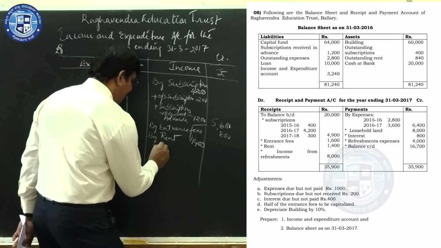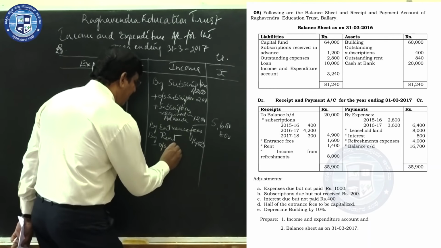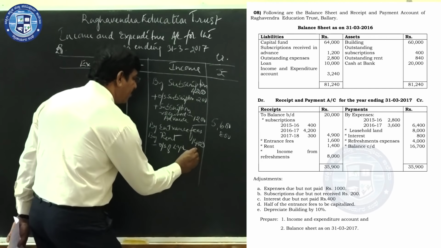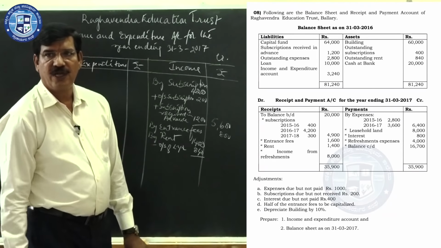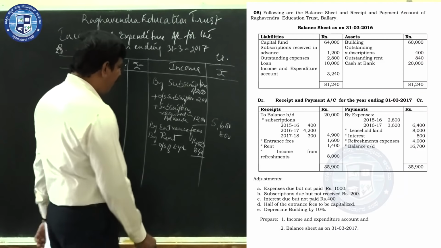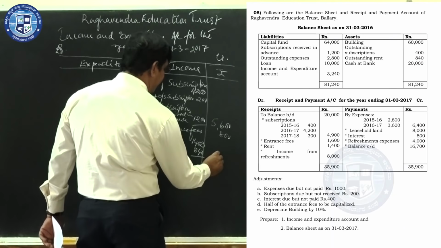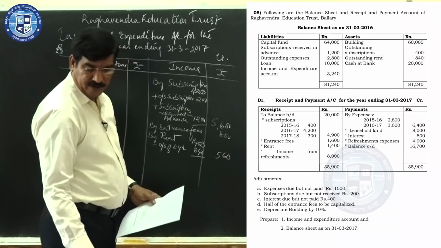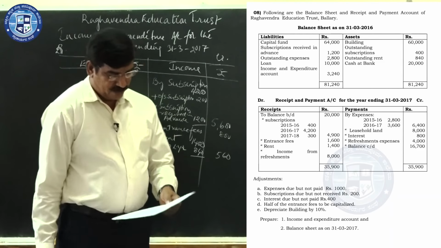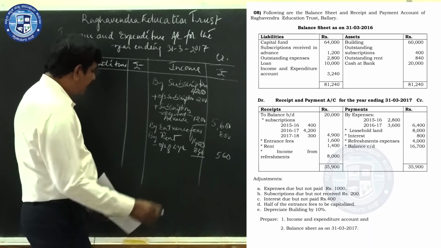So outstanding of last year, it has to be deducted. So what is the amount relating to the current year? It is 560. Okay, now let's go to the other item, income from refreshment 8,000.